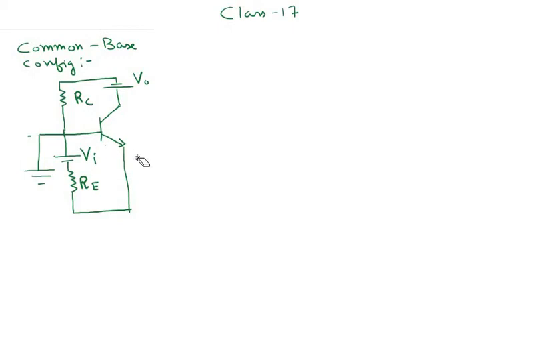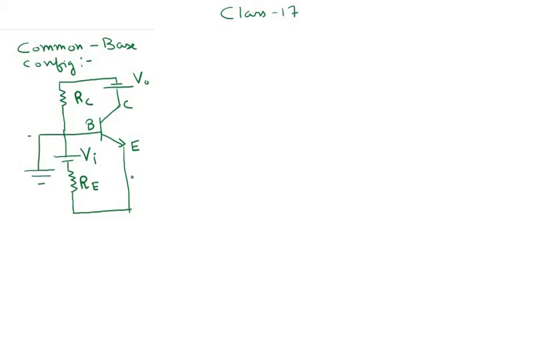Let me write it here. This is the emitter terminal, this is the base terminal, and this is the collector terminal. The base terminal is grounded, and the base is common here because the base is connected to the emitter via this resistor RE, and the base is also connected to the collector via this resistor RC.